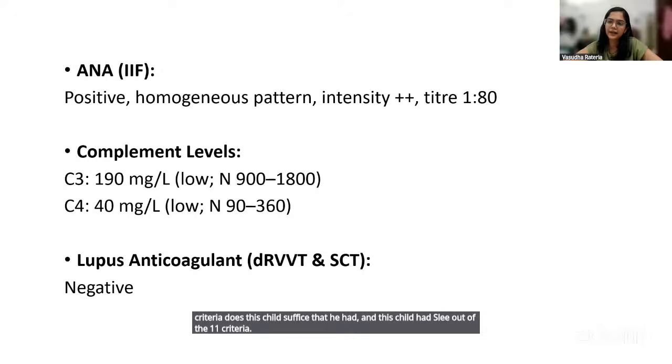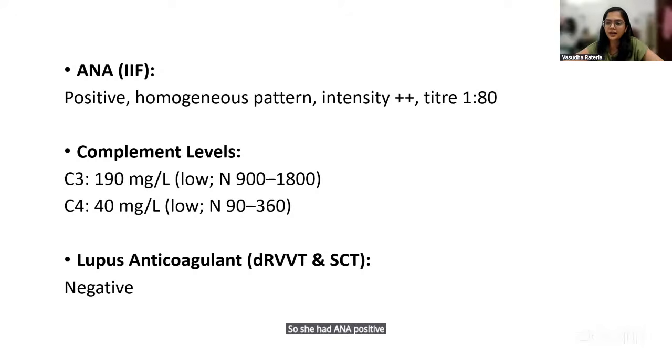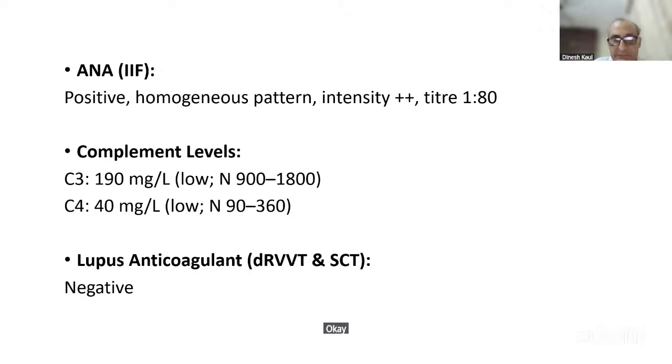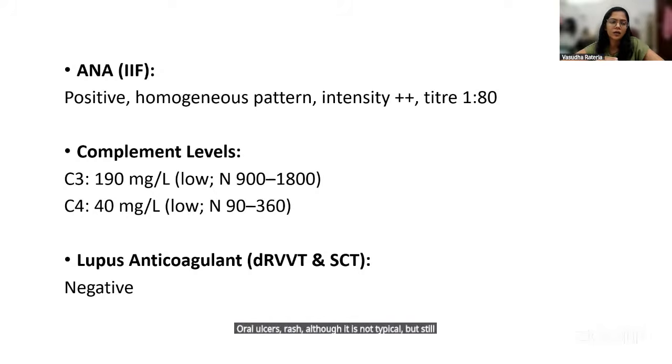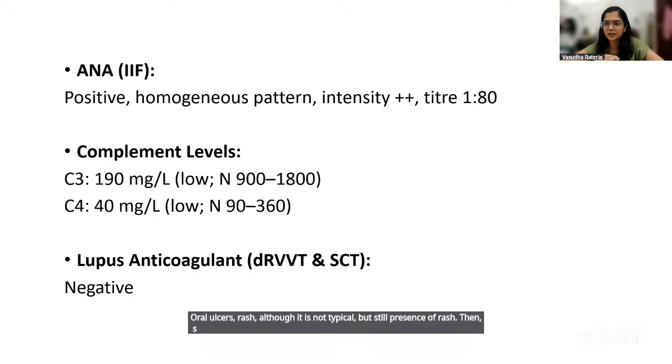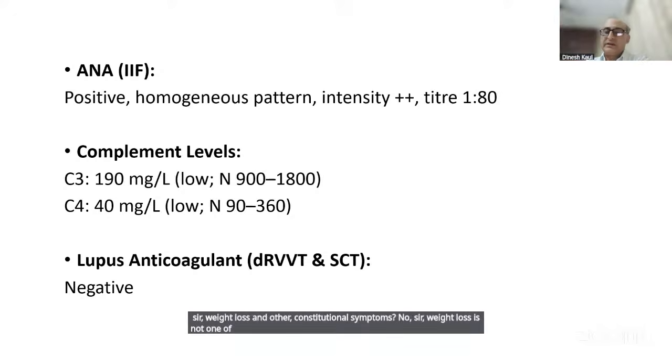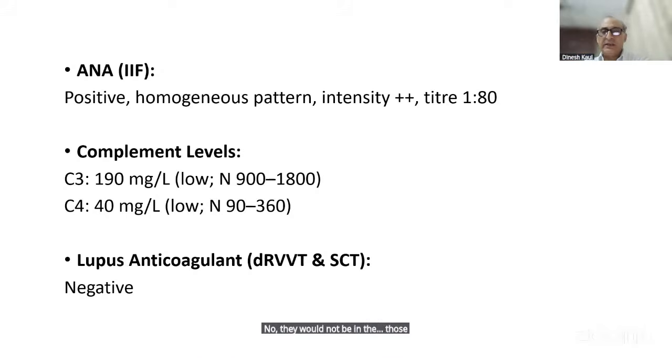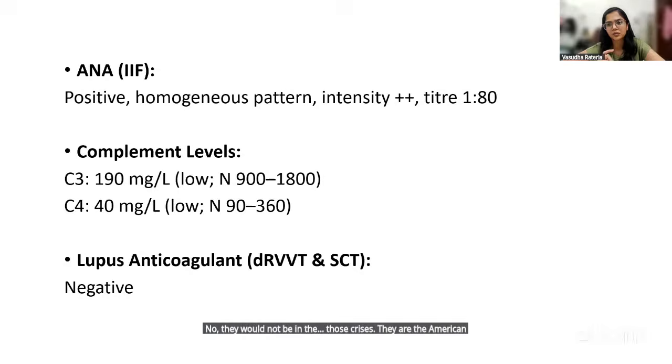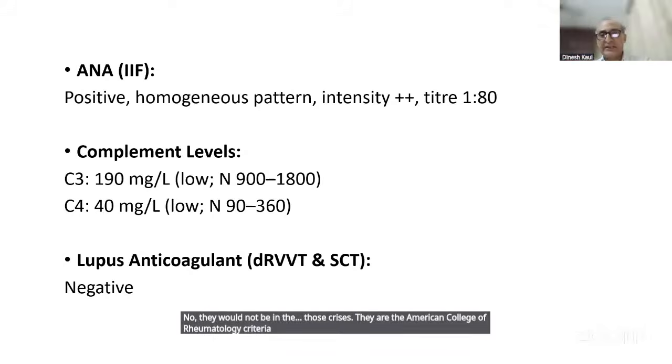ANA positive is the entry criterion. Then joint pain, oral ulcers, and rash, although it is not typical, but still the presence of rash. Weight loss and other constitutional symptoms would not be in those criteria. They are the American College of Rheumatology criteria. There are 11 criteria.